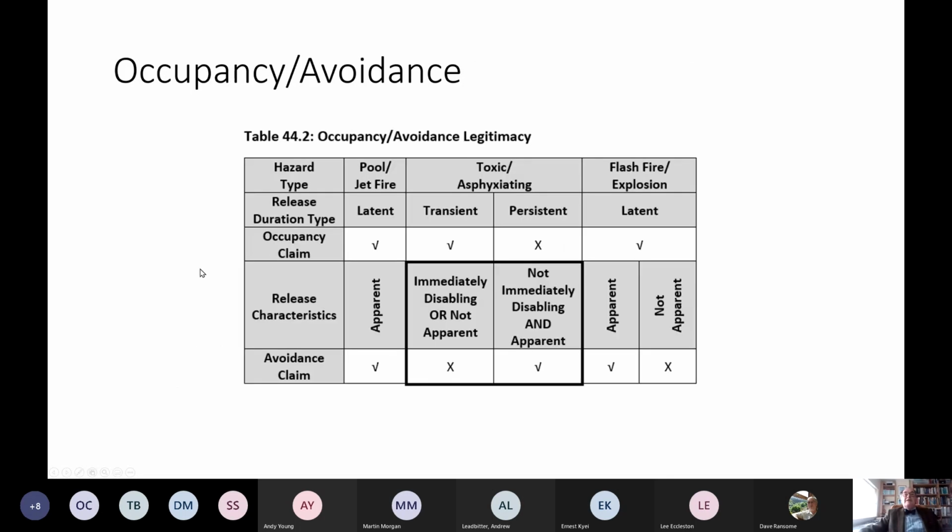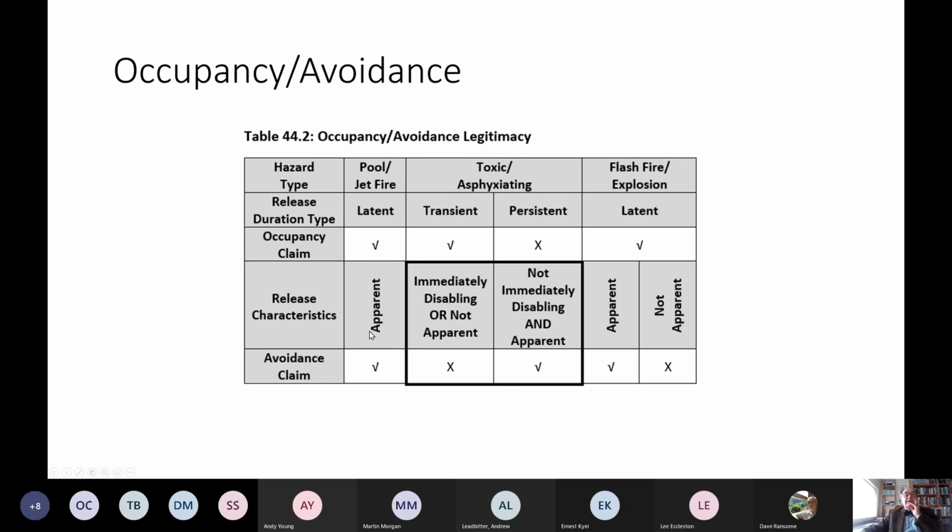And here's my little summary table. This is from the new edition of my book that I'm working on. So depending on the hazard type, we can categorize it as shown here. If it's a pool or a jet fire, so essentially a liquid release, a latent hazard, then we can claim occupancy on the simple basis of the time spent in the hazardous area.